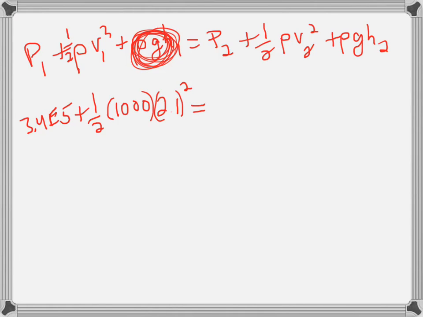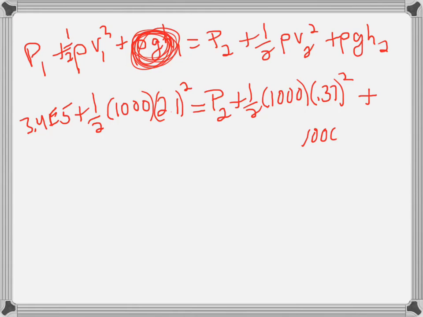That would equal P2, which we're trying to figure out, plus 1/2 density of water 1,000, times V2 squared, 0.37 squared, plus density of water 1,000, times 9.81, times the height 2.